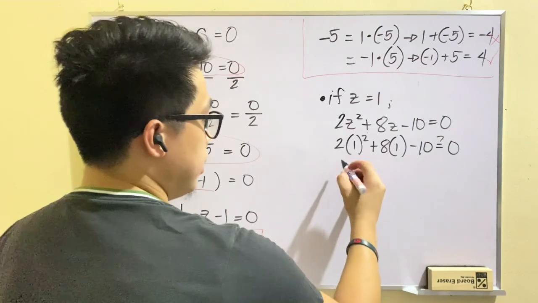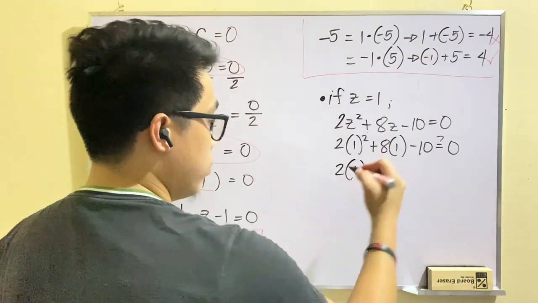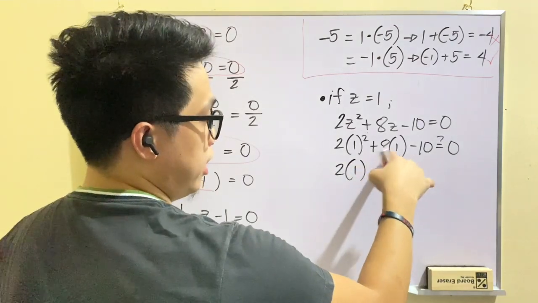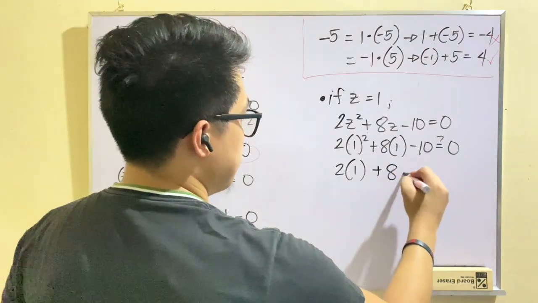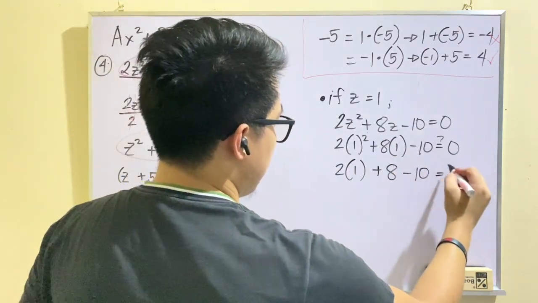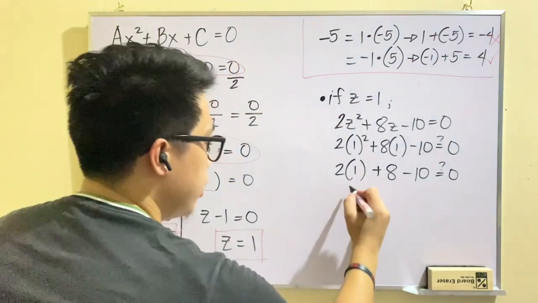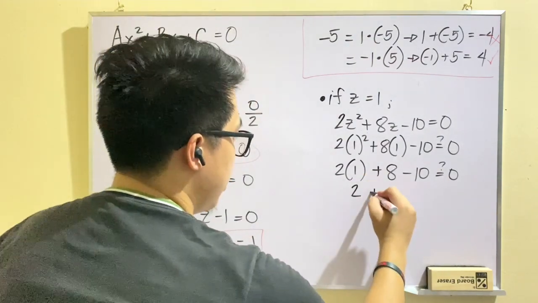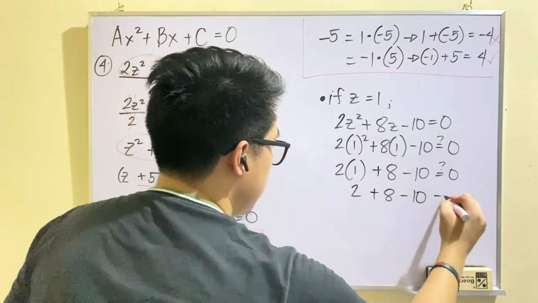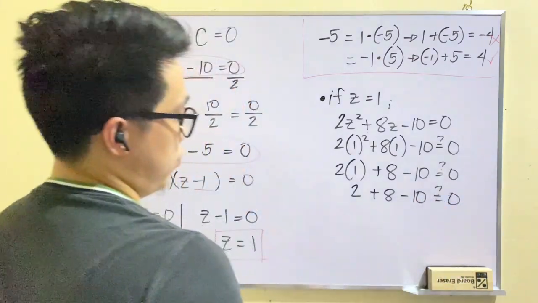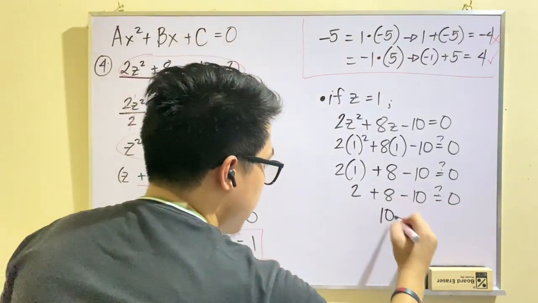Okay, simplifying, 1 squared is 1. 1 times 1 is 1, of course. Plus, 8 times 1 is 8. Minus 10, is it equal to 0? 2 times 1 is easy 2. Plus 8 minus 10, is it equal to 0? 2 plus 8 is 10.